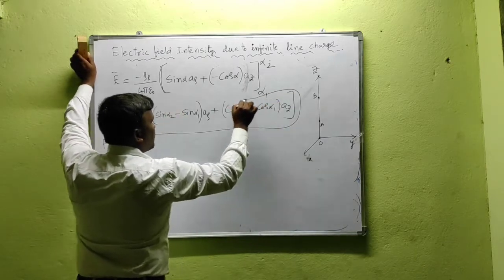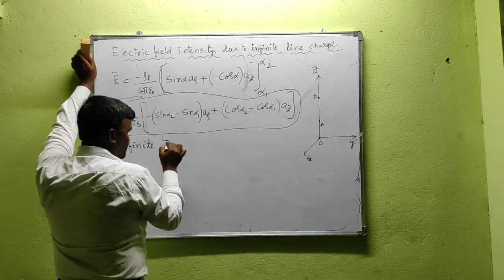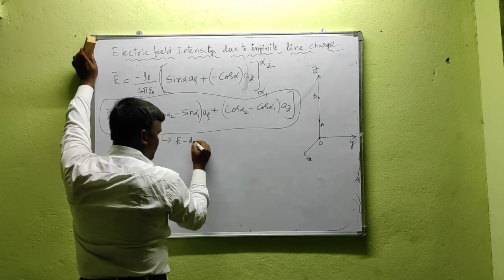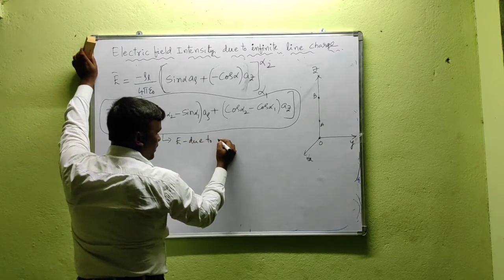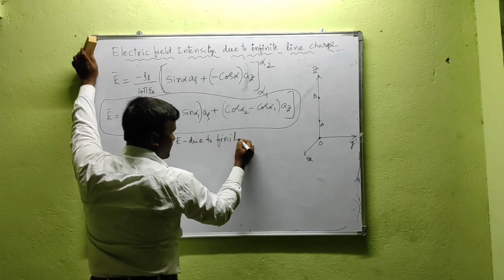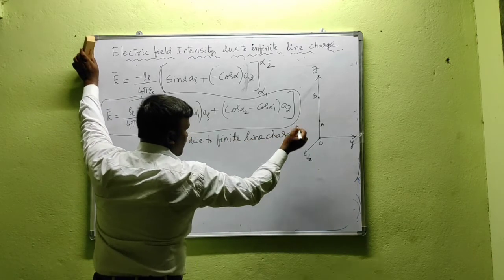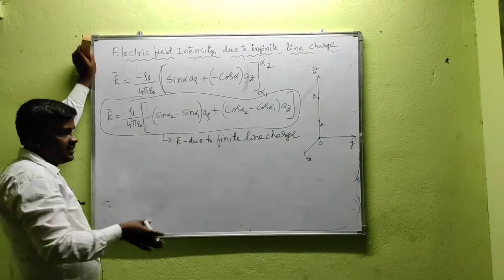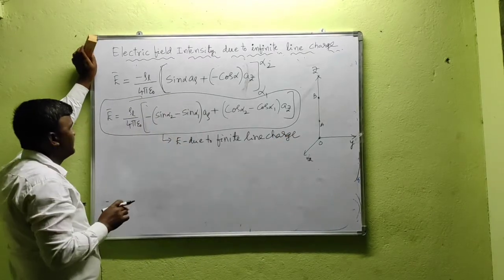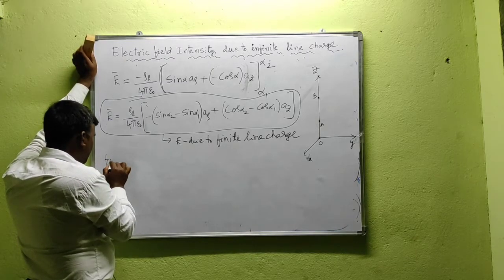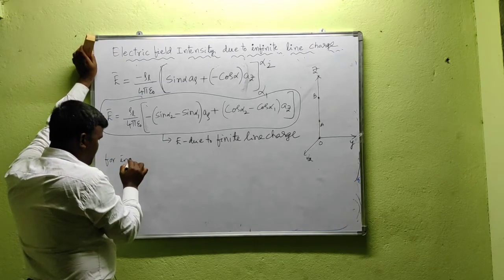In case of the finite line charge, E due to finite line charge, we can take any line charge but the length should be finite. In case of an infinite line charge, it is a special case.